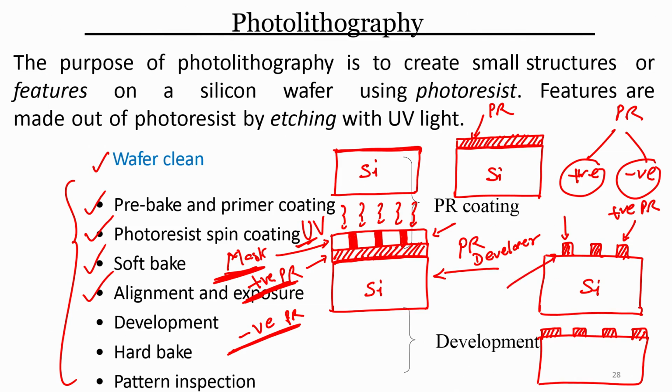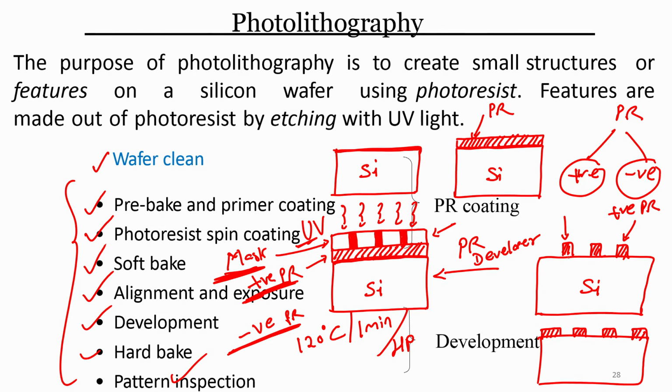All right. The next step is to perform hard bake. After development, hard bake. For hard bake we are using 120 degree centigrade temperature, heating for 1 minute on hot plate. After I perform hard bake, the next step would be pattern inspection.